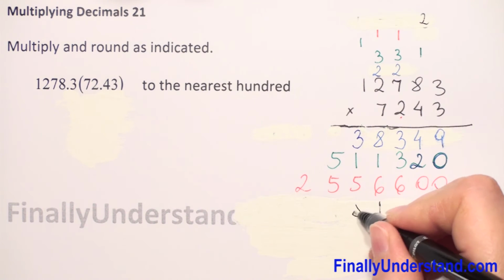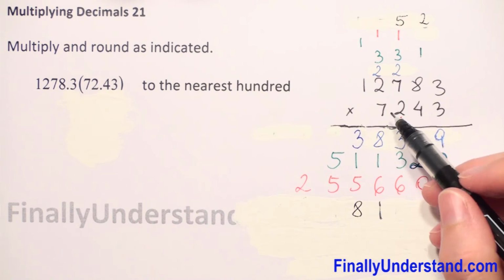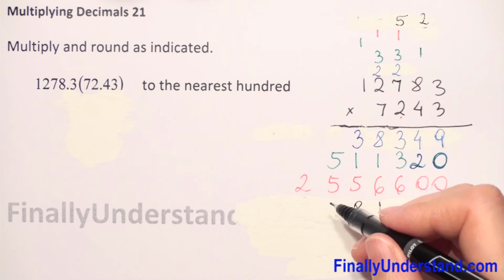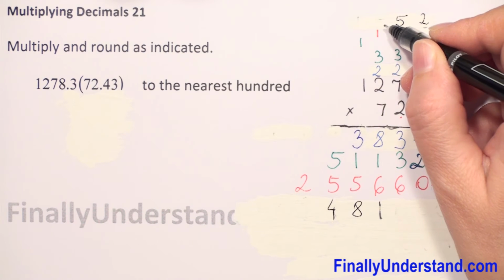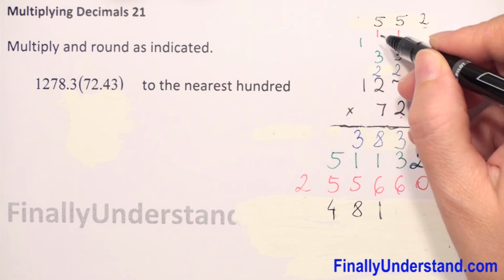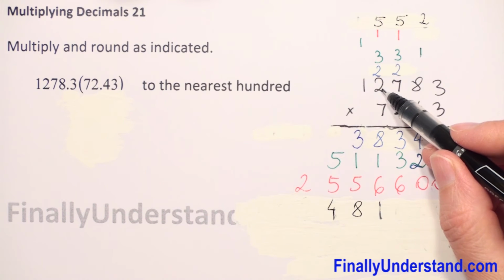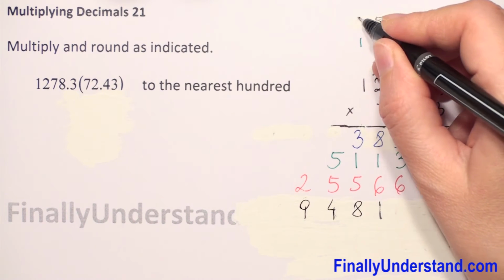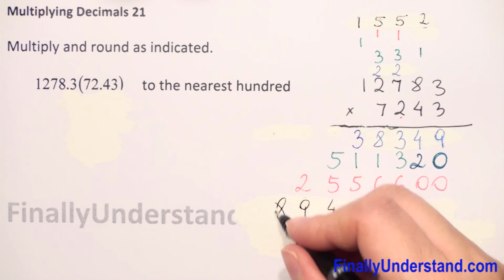So we have to write 8 and 5 will go to next column. 7 times 7 is 49 plus 5 is 54. So we have 4 and this is 5. And now we have 7 times 2 is 14 plus 5 is 19. And 1 will go to next column. 7 times 1 is 7 plus 1 is 8.